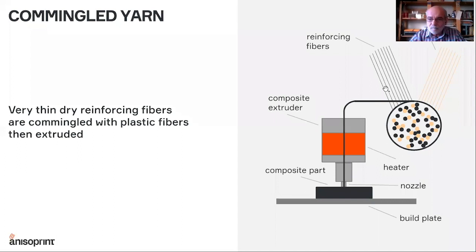So when you have a yarn which you extrude through, again, this heated nozzle with reinforcing fibers, structural fibers, and plastic fibers mixed together. This is not actually a very common approach which you find today, but it also works.